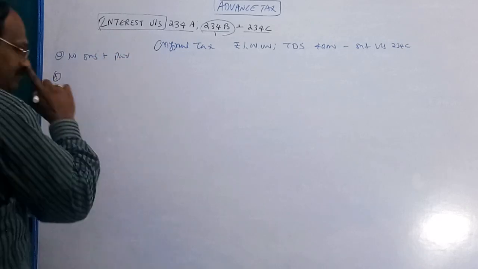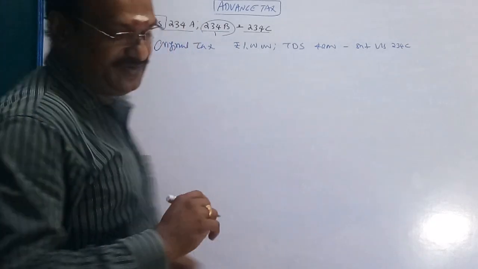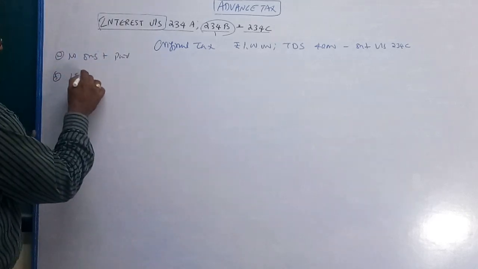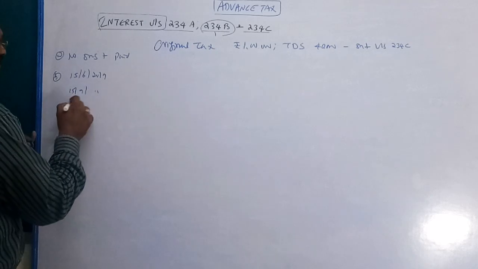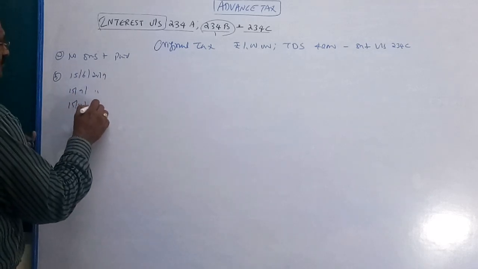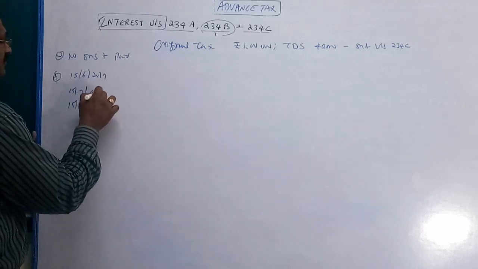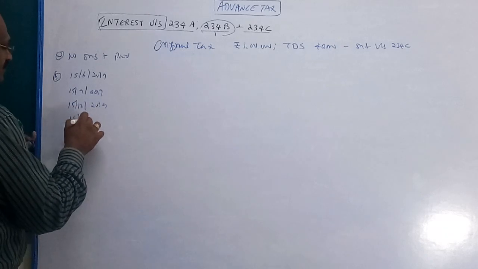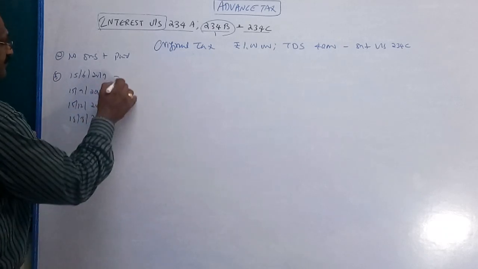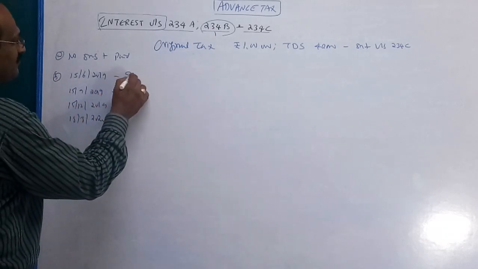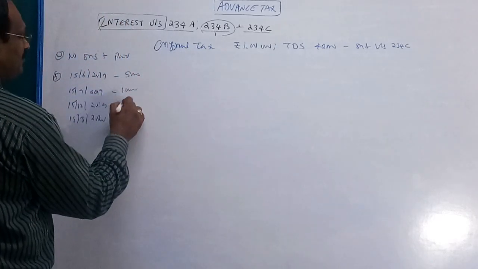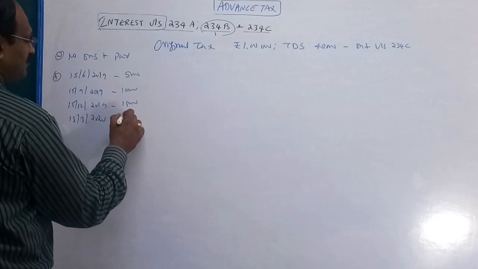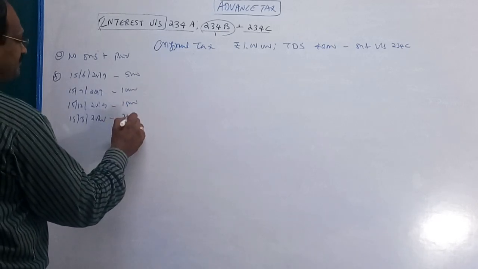B: Installments paid on 15/6/2019, 15/9/2019, 15/12/2019, 15/3/2020: 5,000, 10,000, 15,000, 10,000, 15,000, 20,000.